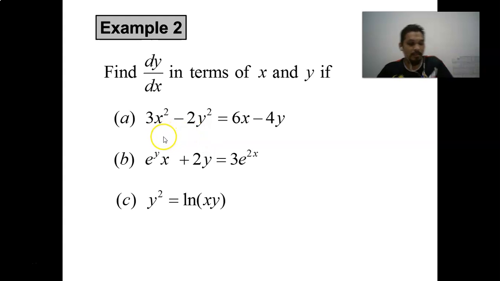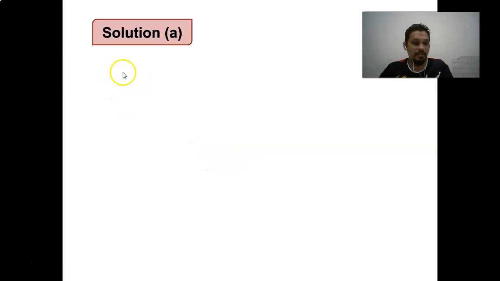Okay, so then the first solution here, 3x squared minus 2y squared equal to 6x minus 4y.